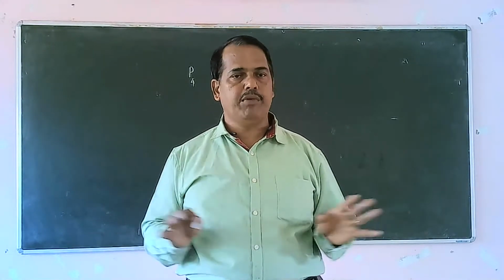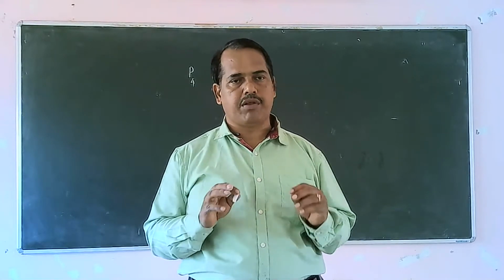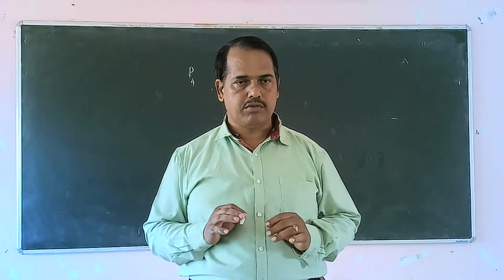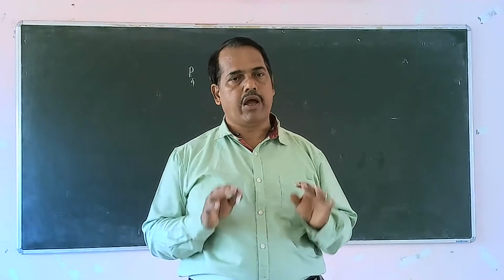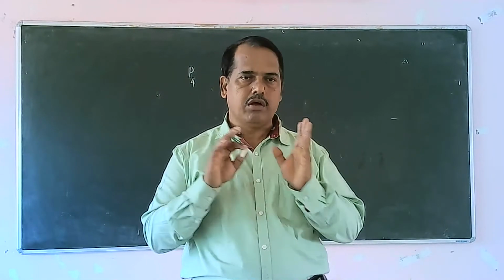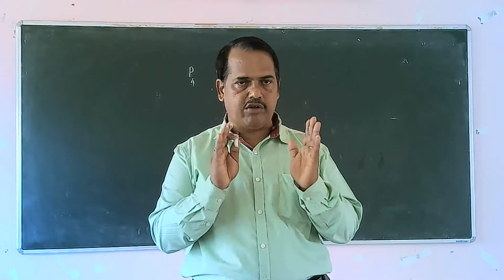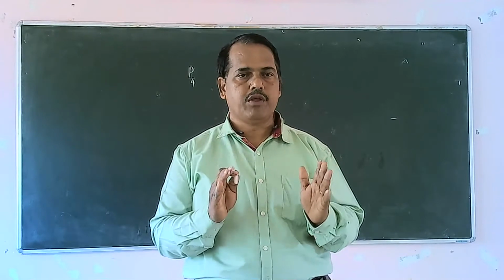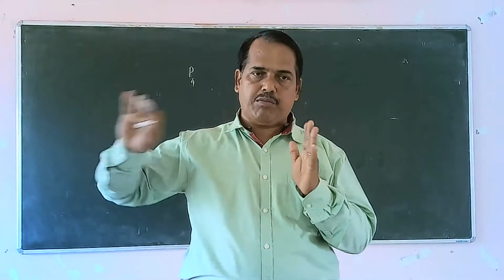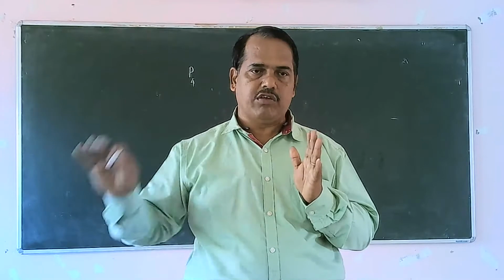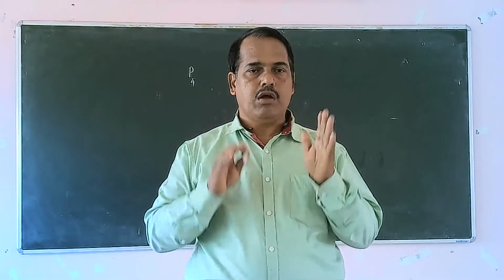Phosphorus is nothing but polyatomic and it can be represented as P4. It exists as white phosphorus and red phosphorus. Concentrate on these only. It also forms many allotropic forms, we shall discuss later on.